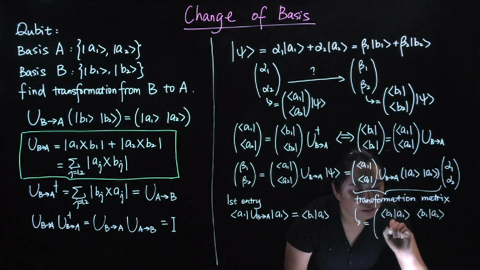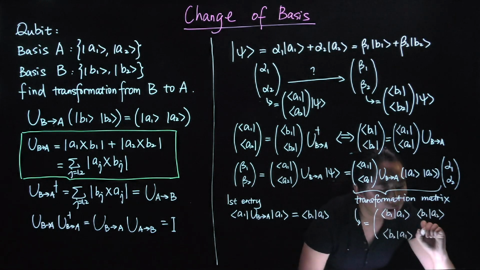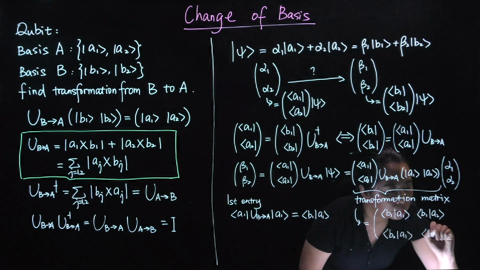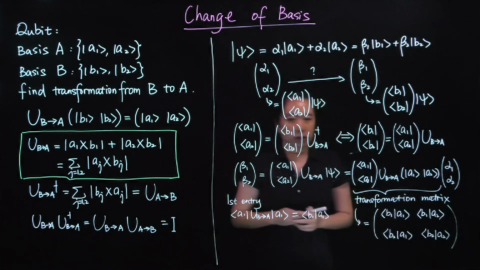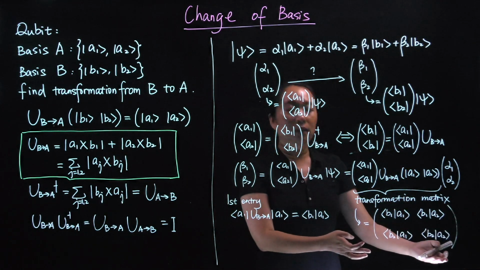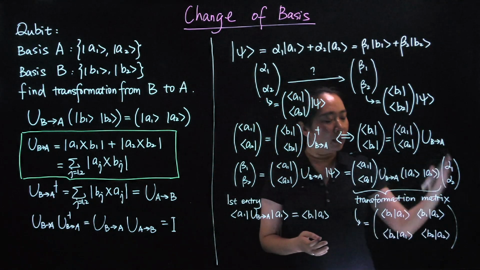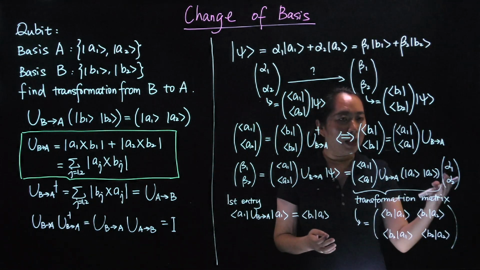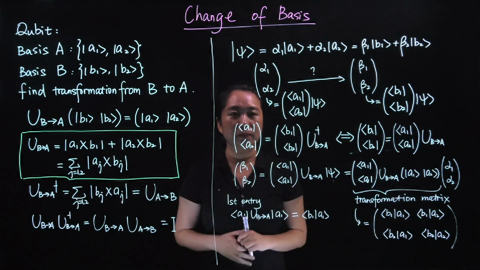This is then B2 A1, and the last entry is B2 A2. So this would be the transformation matrix that would relate the column vectors in the A basis to the column vectors in the B basis.